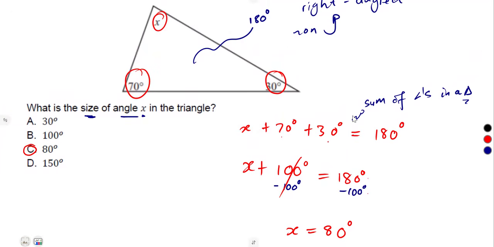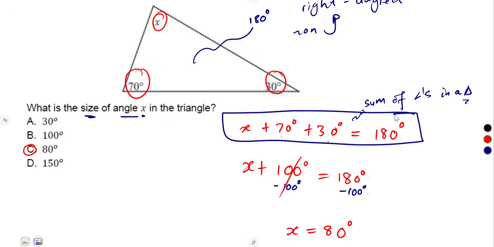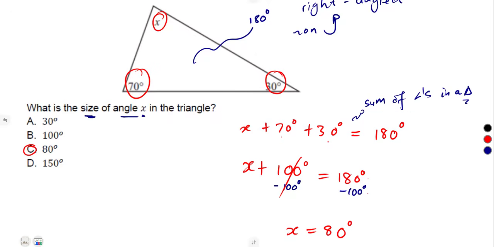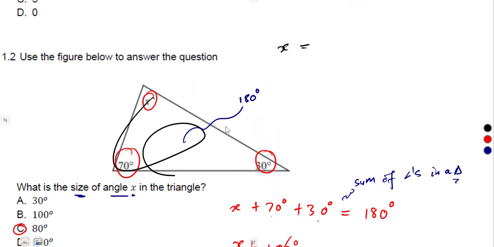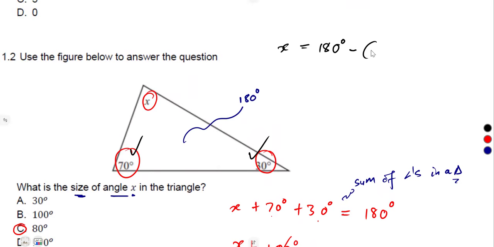All right, in this first part, we could have calculated our X directly. We could have stated in the first place that X is simply equal to 180 degrees minus the other two angles that are remaining, the 70 and the 30 degrees, since the three angles added together give us 180 degrees.